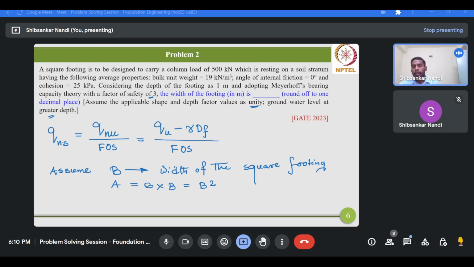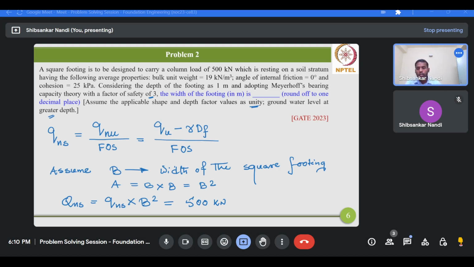Now if the net safe bearing capacity is q_ns and this is the area, then how much load can it support? So q_ns multiplied by its area, B square, gives the capital Q, that is the load, and it should be equated to 500 kilonewton, because this much load the column is applying to the square footing.